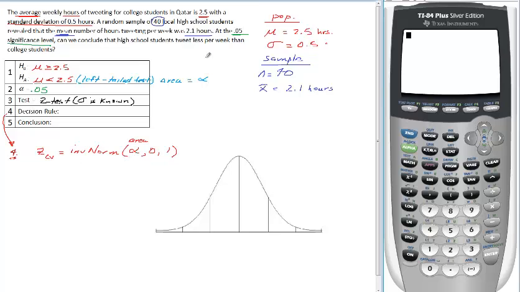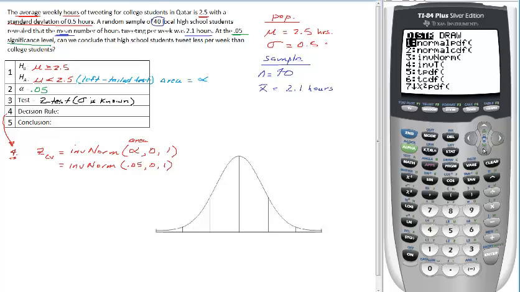So therefore, if we go back to our problem here, on our calculator, inverse norm of alpha, which is 0.05, 0, and 1. So let's go over to our calculator and plug that in. So again, all distributions are in right where we find our inverse norms, inverse t's. So go down to number 3. Second function, second button, distribution.